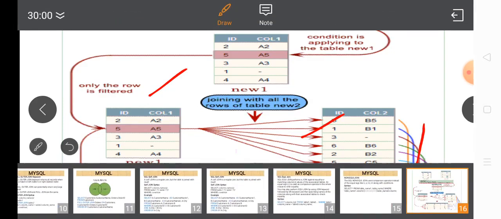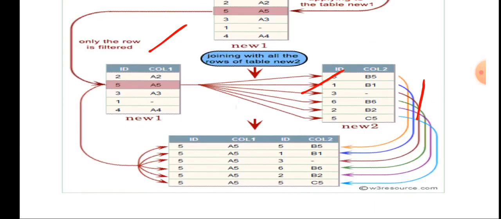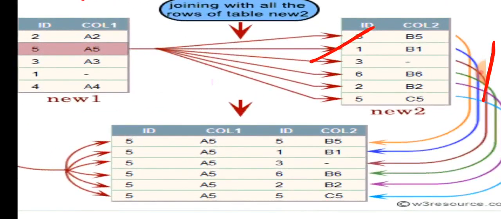Joining with the other rows of table 2, we can see that this is table new2, and we add all the records of table new2 with that record 5A5.